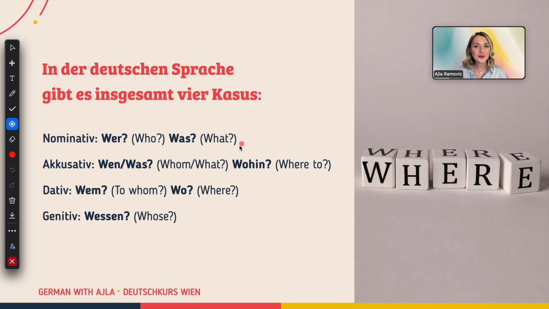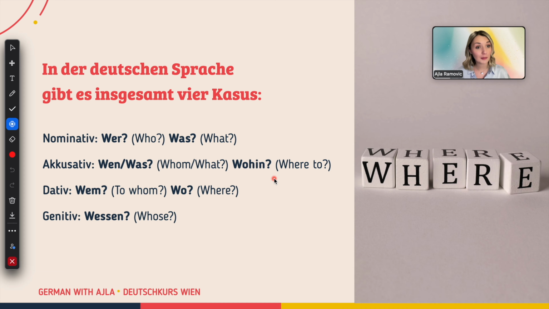Moving on to accusative, which is the case that we are focusing on today. Accusative is answering the questions wen oder was und wohin. So in English, whom or what and where to. Let me repeat this one more time.